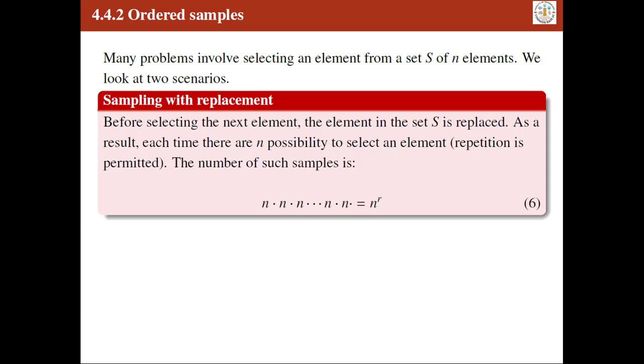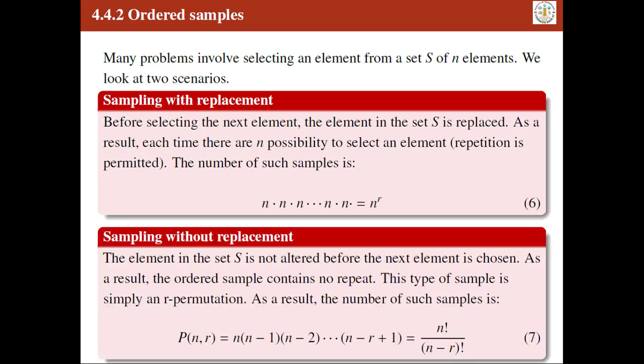Here the element is replaced in the set before the next element is chosen. Thus, each time there are n ways to choose an element; repetitions are allowed. The product rule tells us that the number of such samples is n times n times ... times n, r factors, equals n to the power r.